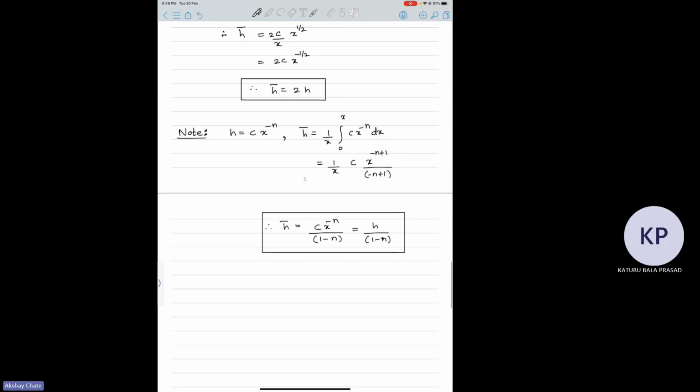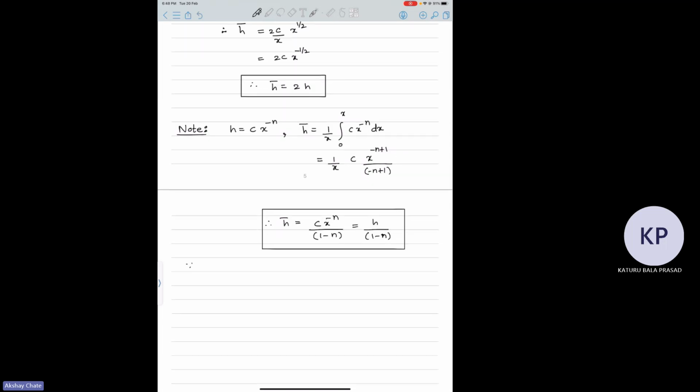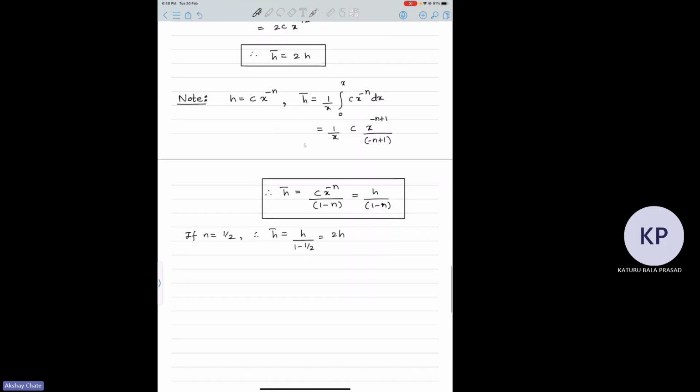In the last problem our n was 1 by 2, therefore your average heat transfer coefficient becomes h divided by 1 minus 1 by 2, which is nothing but 2 times h.